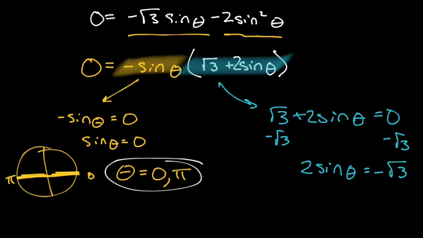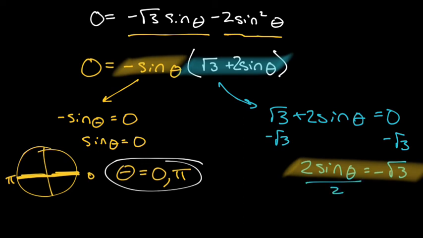I'm not saying you have to write down this, you know. That didn't really highlight it, did I? But you definitely need to show what you're getting to. This is what they screwed up on right here. They all of a sudden had positive instead of a negative. And then I'm going to divide by 2, right? And I'm going to have sine of theta equals negative root of 3 over 2.